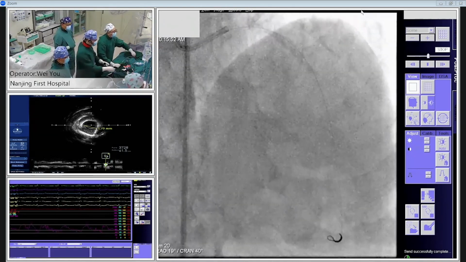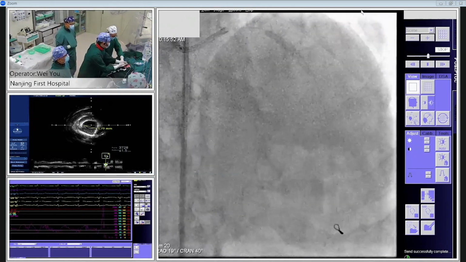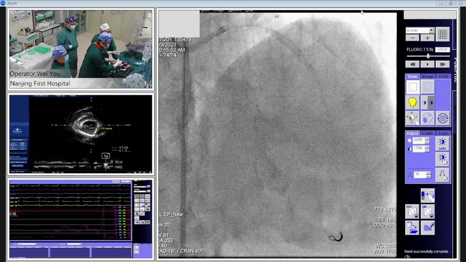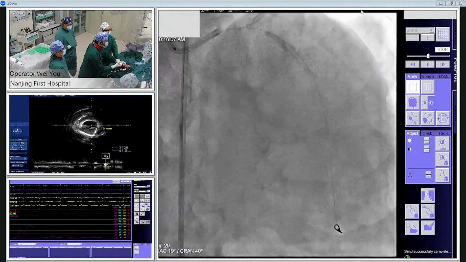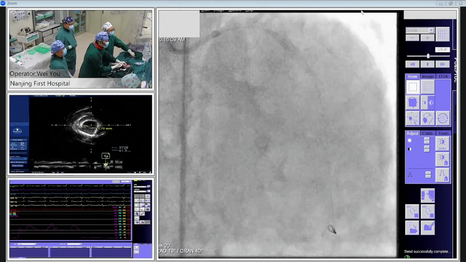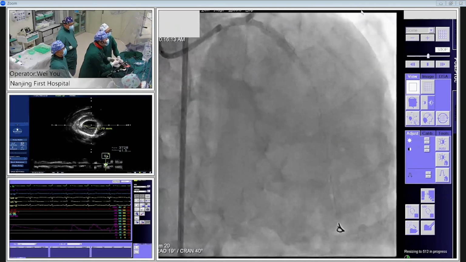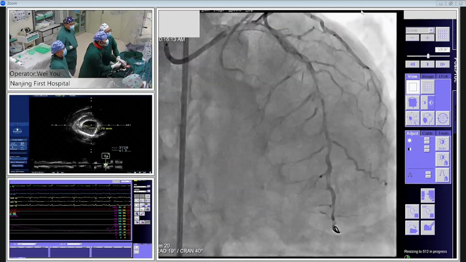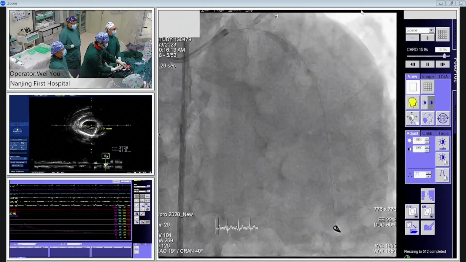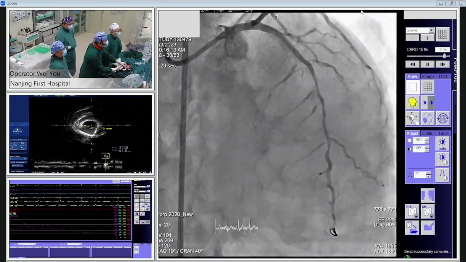Okay, very nice. Chief, I will take a picture for you. From the ECG monitor, I think in lead aVR the ST segment is elevated. Okay, please take a picture. Seems very good. I think we lost a very small third diagonal.